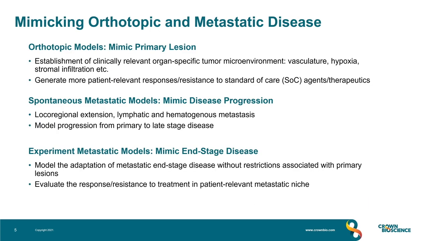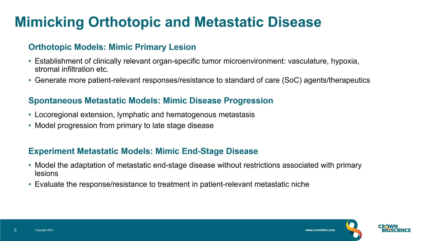At Crown Bioscience, we divide our orthotopic and metastatic models into three main categories. The first one is orthotopic models. They are used to mimic primary lesions. They are established by inoculating cells into the organs they were derived from, say, liver cells back to liver, prostate cells back to prostate.